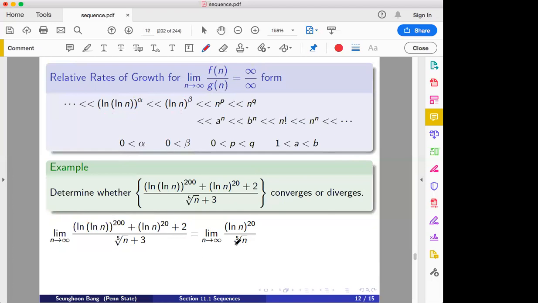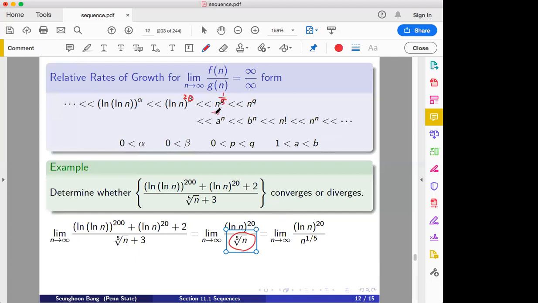Next, compare ln of n to the 20 over, you can change it, the fifth root of n is the nth root, n to the power 105. So we have ln of n to the 20 here and n to the 105.